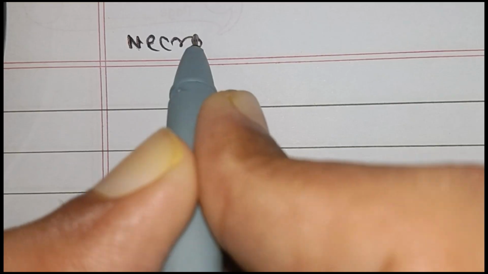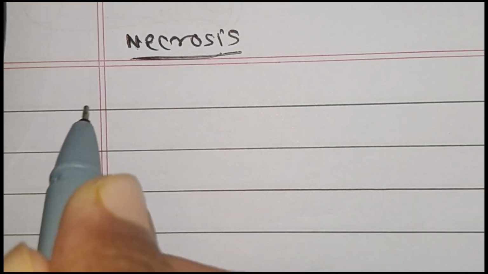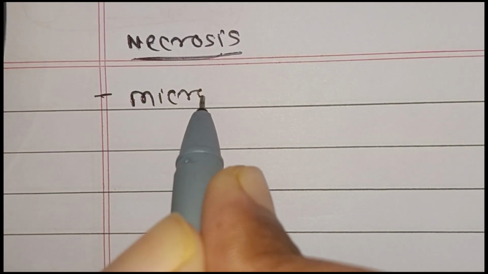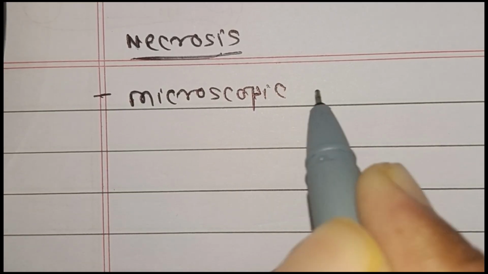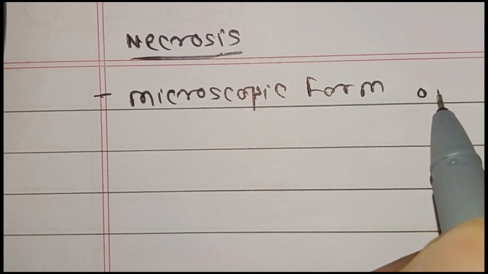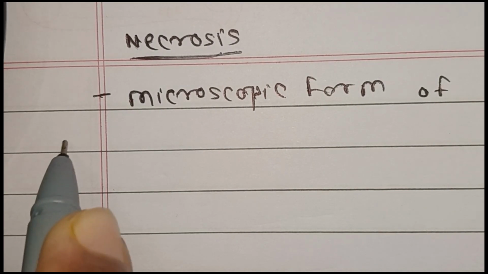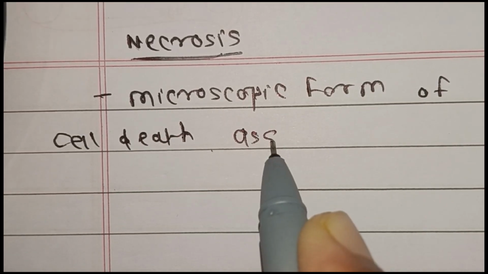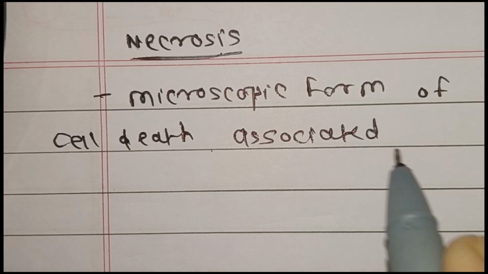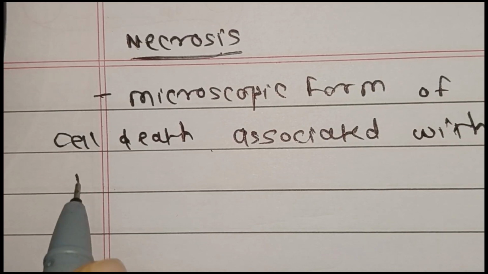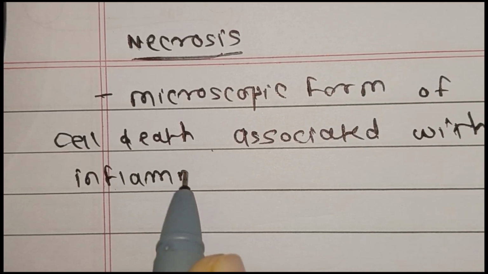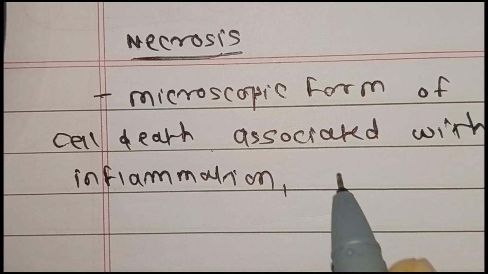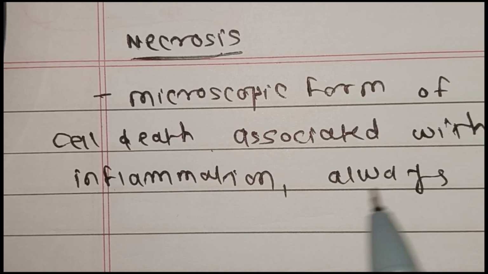So now let's see about necrosis. Necrosis is a microscopic form of cell death, which is associated with inflammation and which is always pathological.